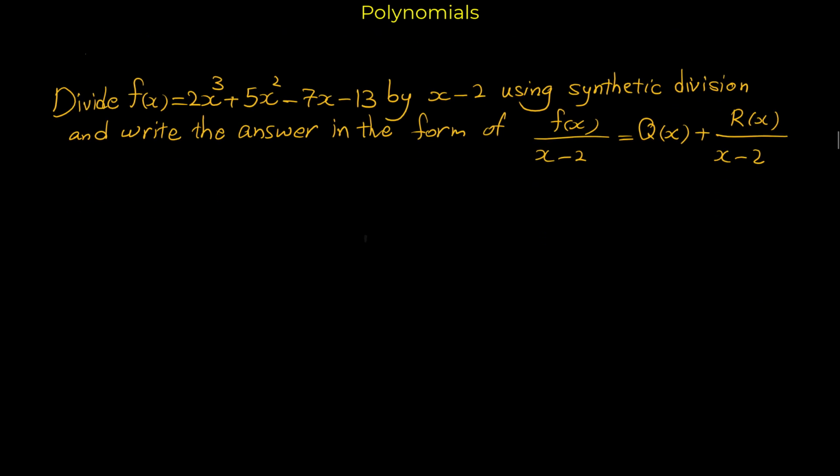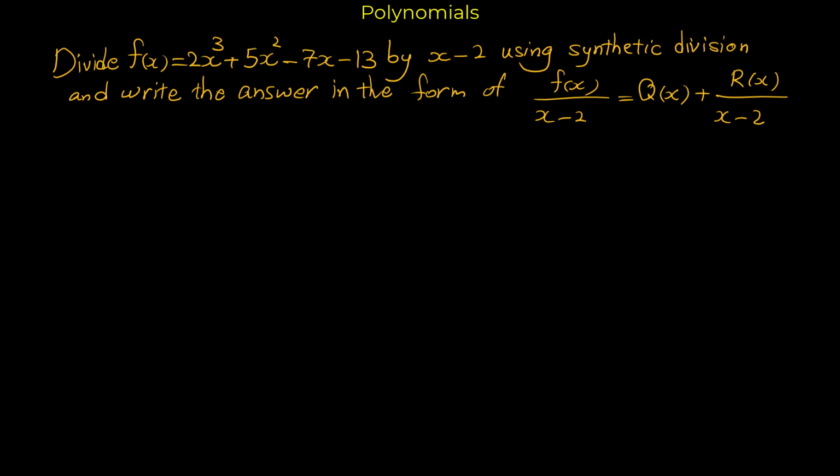For synthetic division, the thing that makes the process is that we are not going to write these x to the 3, x to the 2, x and so on in our process. We are just going to use the numbers. Let me show you how this process works. Always you draw something like this.